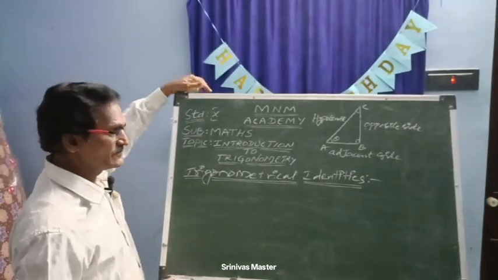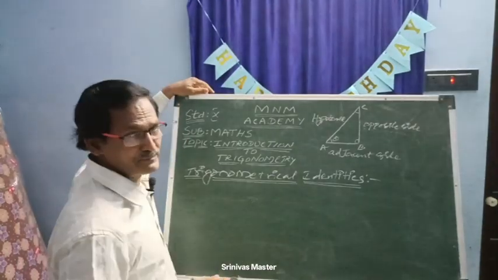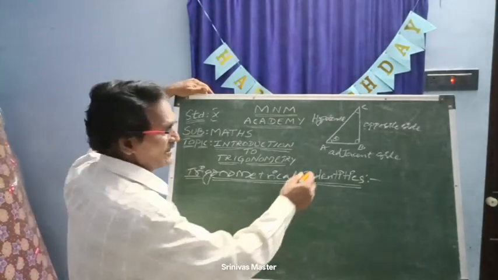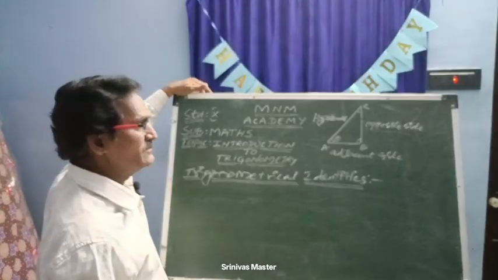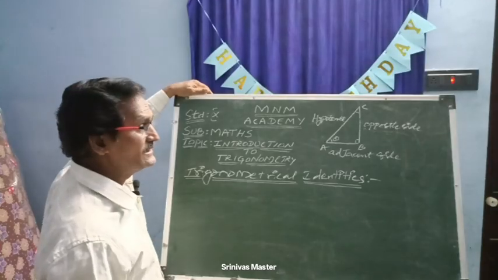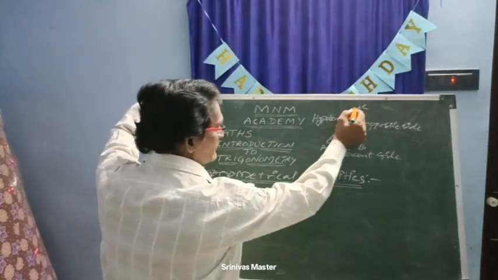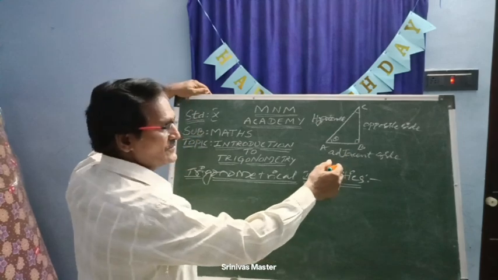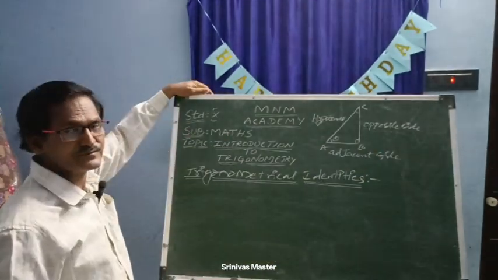Before proving all this, we must know the Pythagoras theorem, children. Whenever you see a right angle triangle, immediately you have to remember the Pythagoras theorem. It says that the square of the hypotenuse is equal to the sum of the squares of the adjacent side and opposite side.